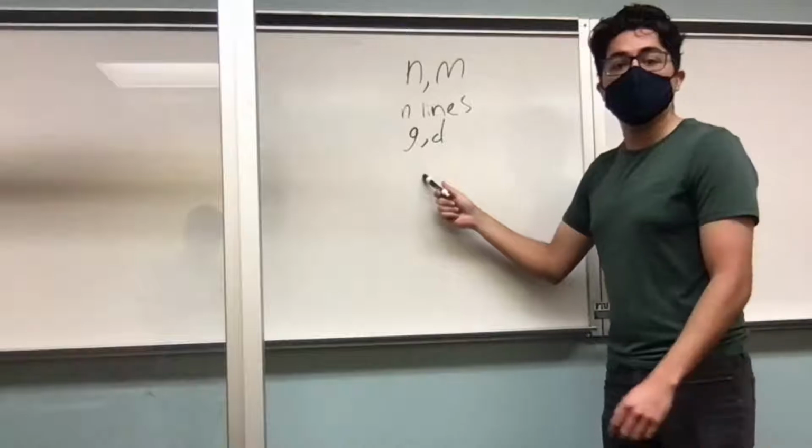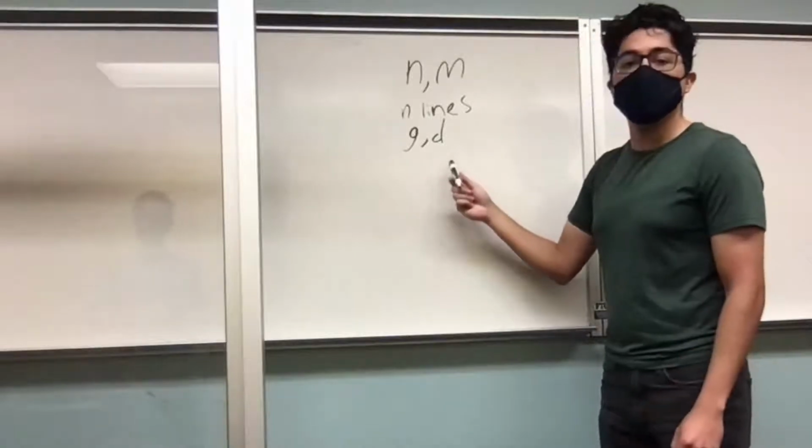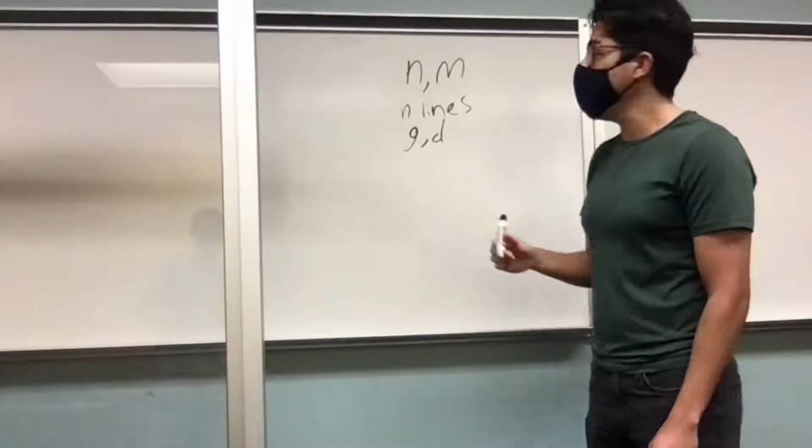G is the amount of gold that is produced in the first day, and D is how much gold it diminishes each day.